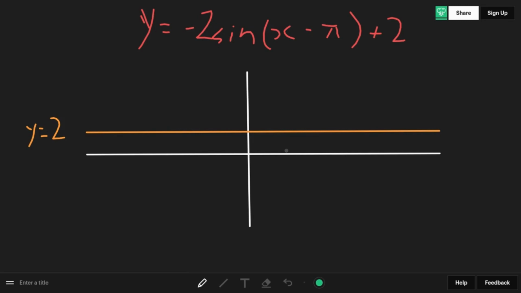So I can make tick marks here at pi over 2, pi, 3 pi over 2, and then at 5 pi.